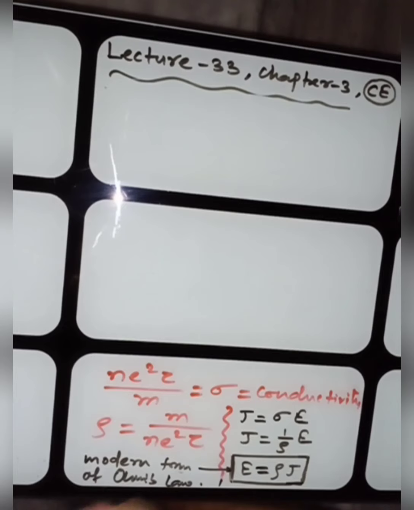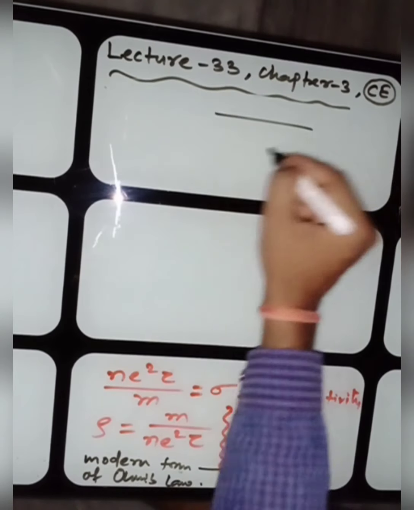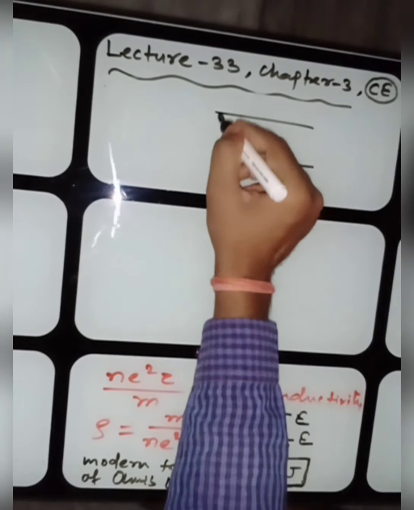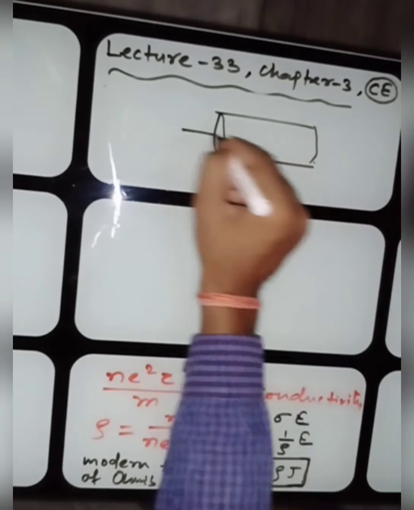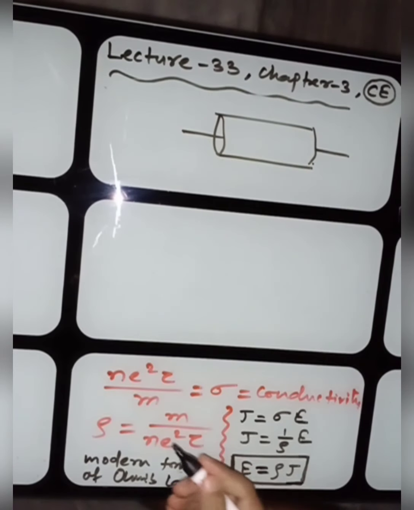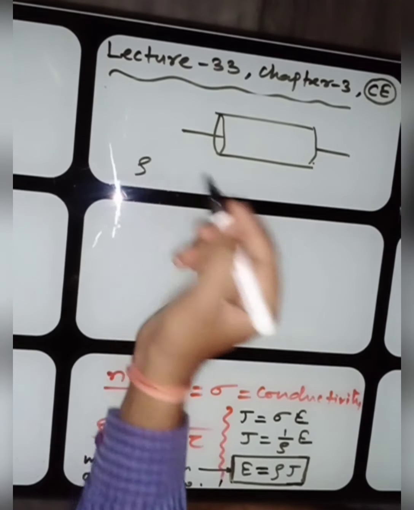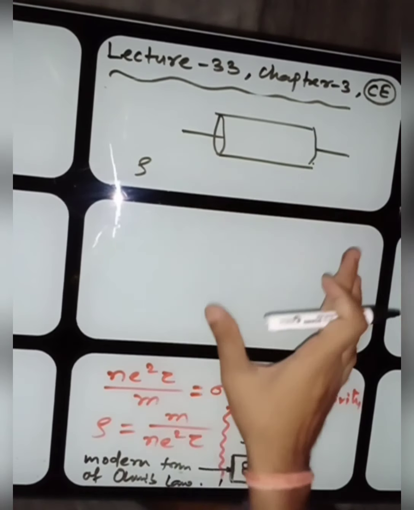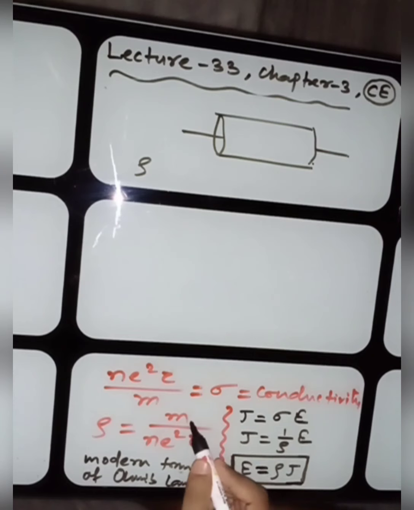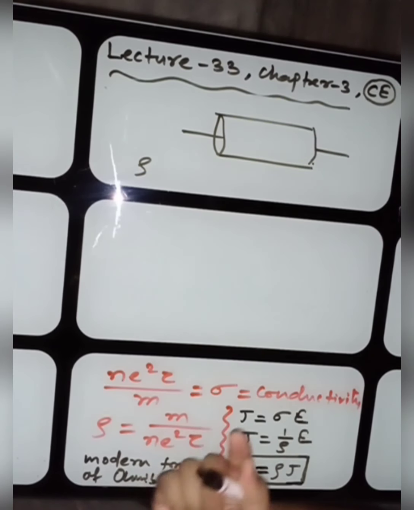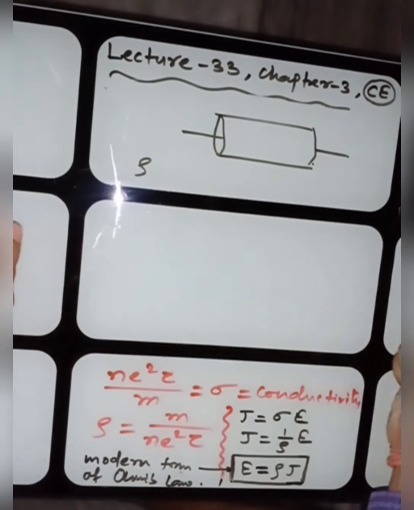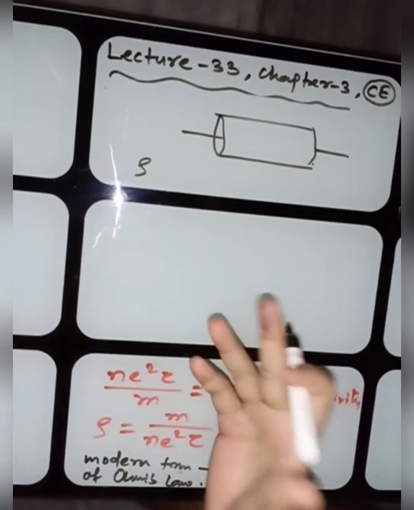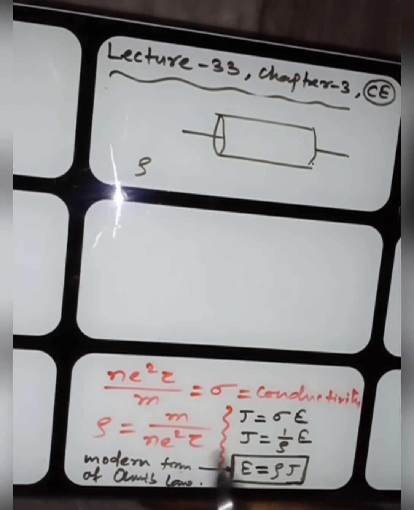This is a very important discussion, try to be focused. If this is a conductor, then rho is not going to be changed by the length. If you increase the length, this m will not change. This is the mass of an individual electron. Of course, by increasing the length, you cannot change the mass of an individual electron.